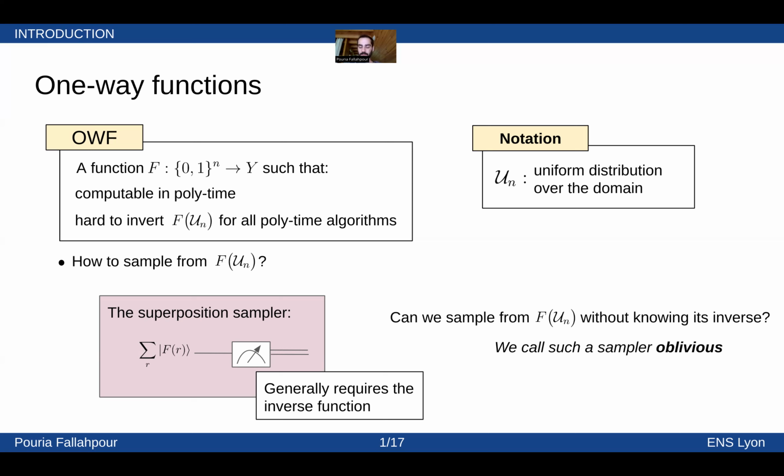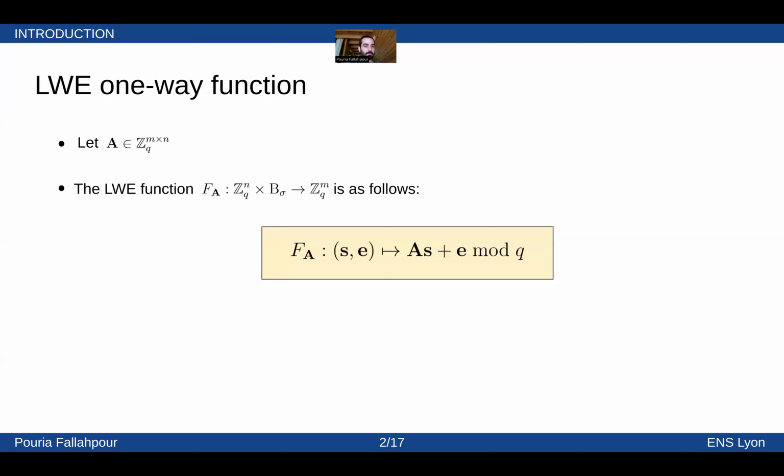So as I said, in this talk, we're interested in the oblivious samplers, but not for arbitrary choice of one-way functions. What we are going to use is the LWE one-way function. So let me explain what it is. Let A be a matrix, m times n, with integer elements. So the associated one-way function to this matrix A sends two vectors s and e to As plus e mod q for some choice of integer q.